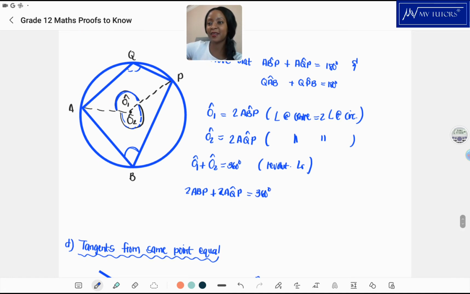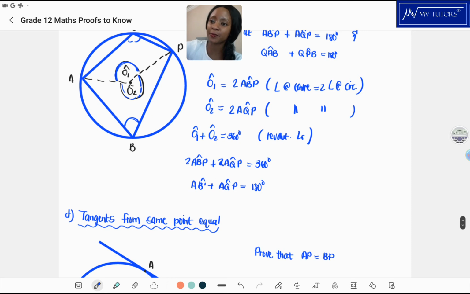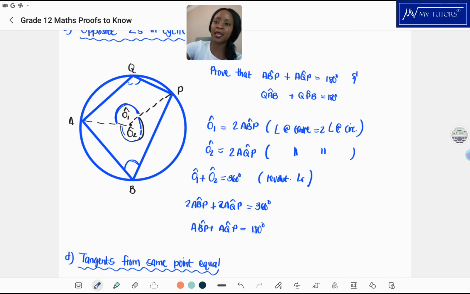If I take the common factor out, which is 2, to the other side, meaning divide, I would then get that ABP plus AQP is equal to 360 divided by 2, which is 180 degrees. And we have then proved what we were supposed to prove. Similarly, you could do the same for QAB and QPB. It's pretty much the same procedure. Cool.